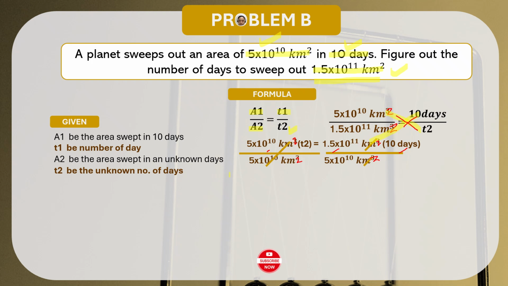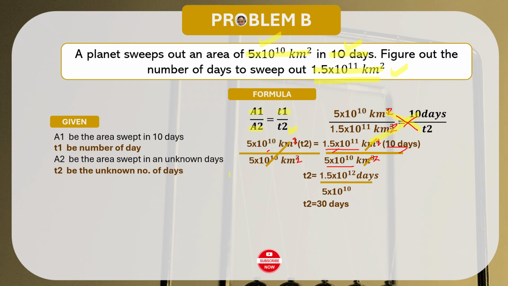So 5 times 10 raised to 10 kilometers squared cancelled, and the units kilometers squared will be cancelled also. Now you can multiply 1.5 times 10 raised to 11 by 10, and then divide it by 5 times 10 raised to 10.